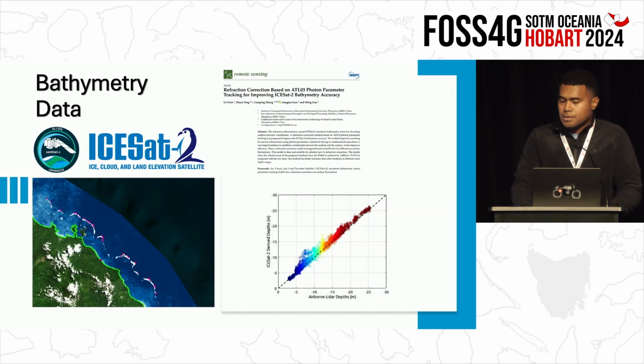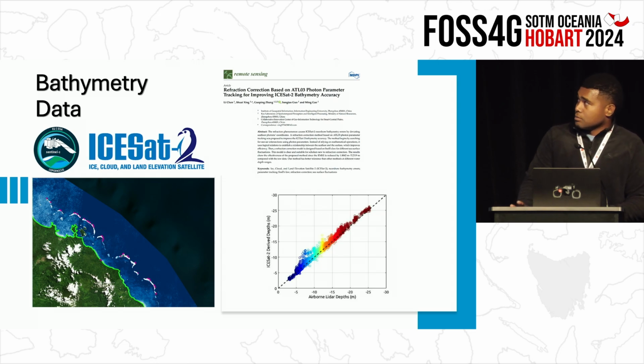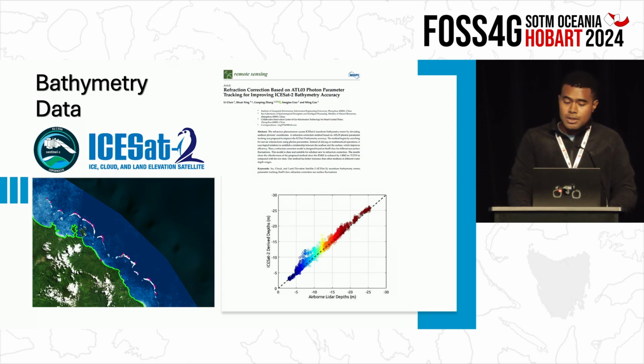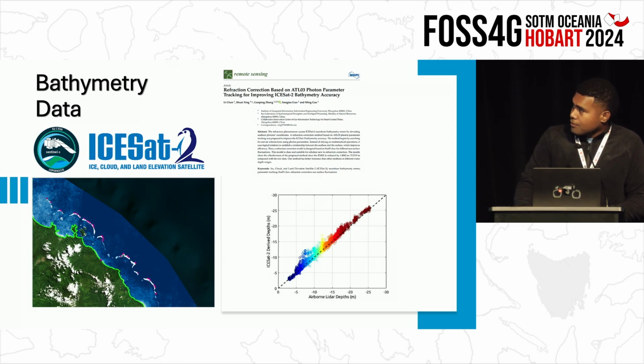One of the major products that we wanted to derive was the bathymetry data, since we were dealing with coastal waters. Firstly, we tried using Sentinel reflectance data, using the pixels to derive a water index to get the water depths.